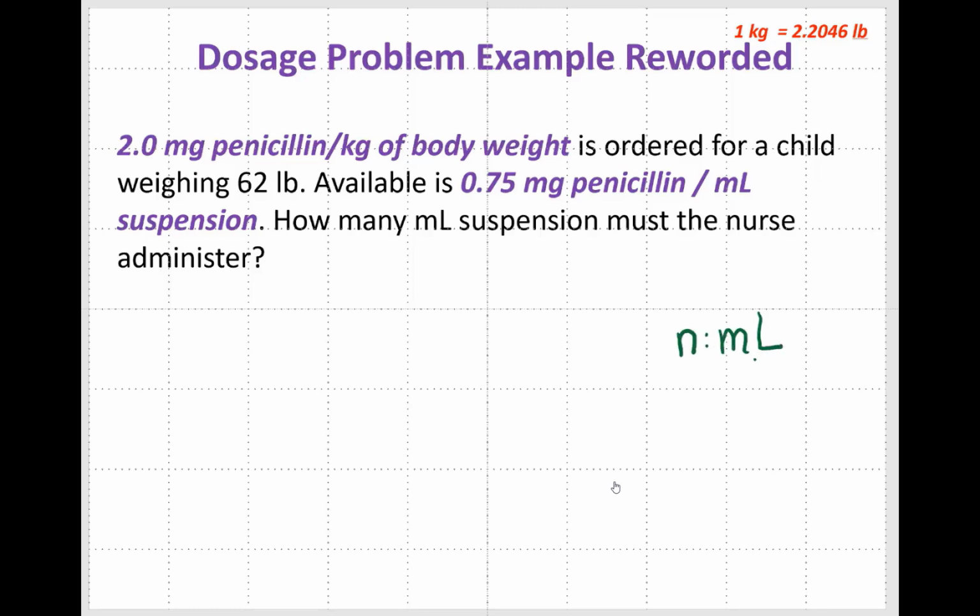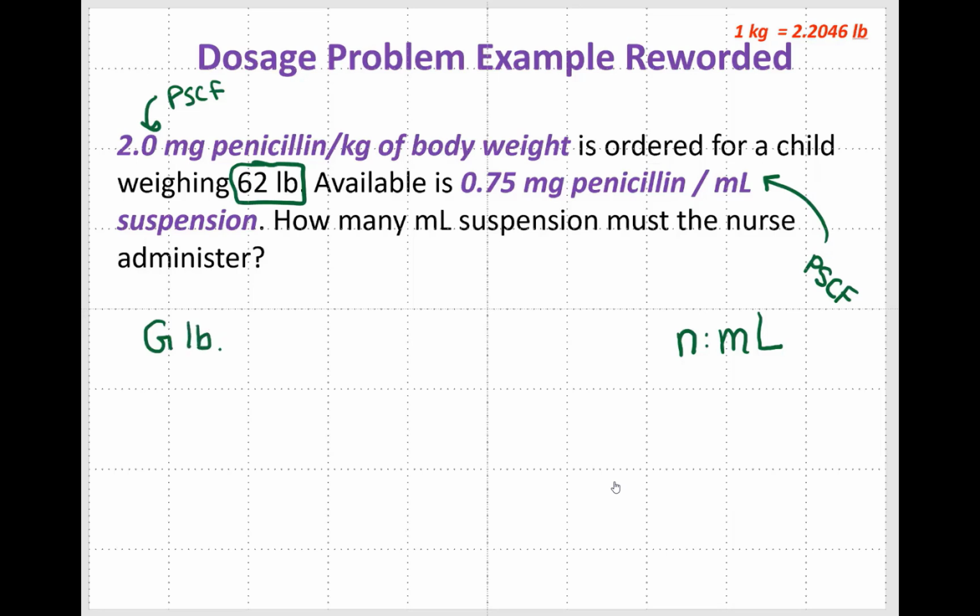And what's our given unit? Well, it appears that these are problem-specific conversion factors. They have divided units. Divided units doesn't necessarily mean you have a problem-specific conversion factor, but given this problem, these are problem-specific conversion factors. And my given unit then that I choose is the one that's not the divided unit. So we're given pounds.